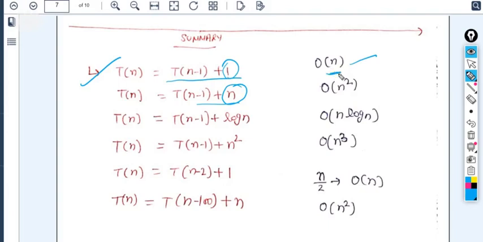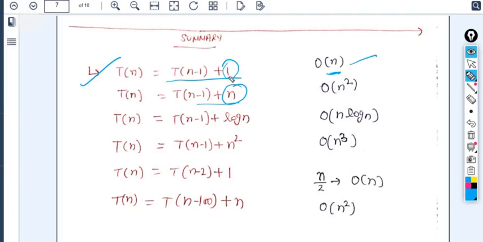This is a shortcut. You can apply this shortcut only in a competitive exam. In the university exam, you have to give the complete solution, as I've shown you how to solve in the final exams. So in competitive exams, you can directly write the time complexity for the recurrence relation by seeing the recurrence relation itself. No need to solve it out, and it's very time taking if you solve each and every step.